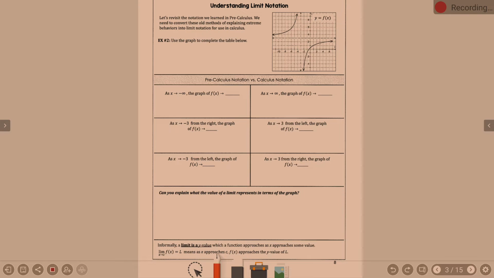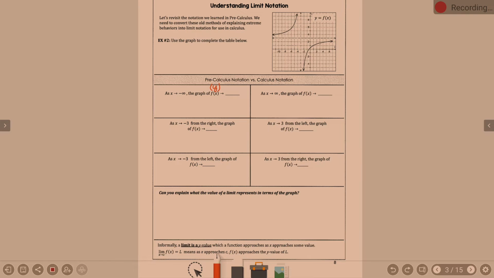As x approaches negative infinity, the graph of f of x approaches what? As the x values go infinitely left, what is your function value approaching? That's what your y value is approaching.